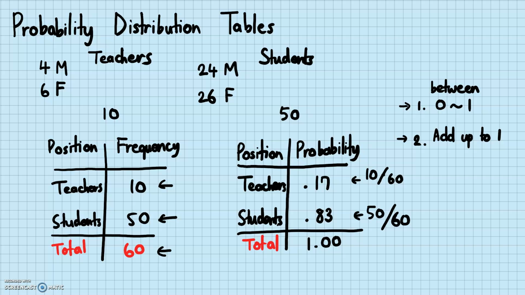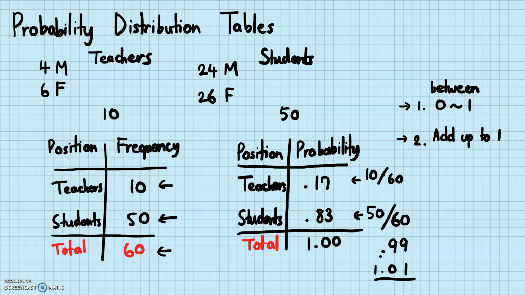If you get a probability that's bigger than 1, it means you did something wrong. If the 2 probabilities don't add up to 1, it means you did something wrong. Now, sometimes if you add them up, you might get something like 0.99 or 1.01 because you might have rounded them.